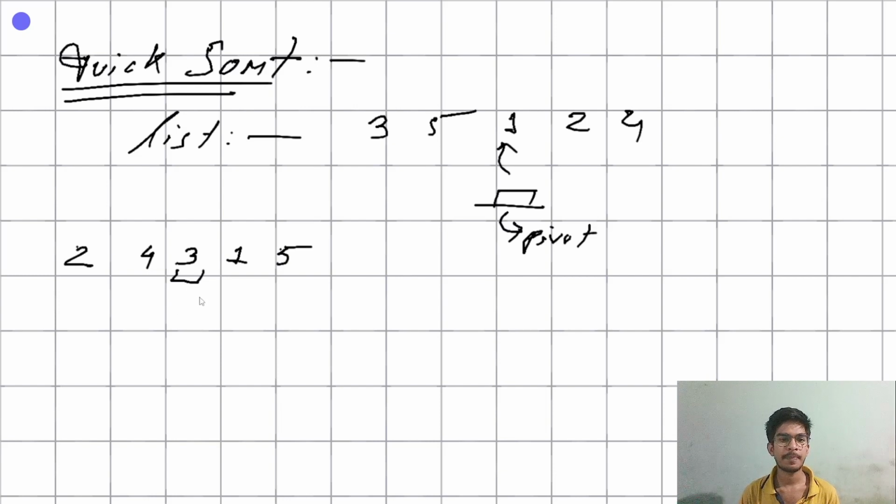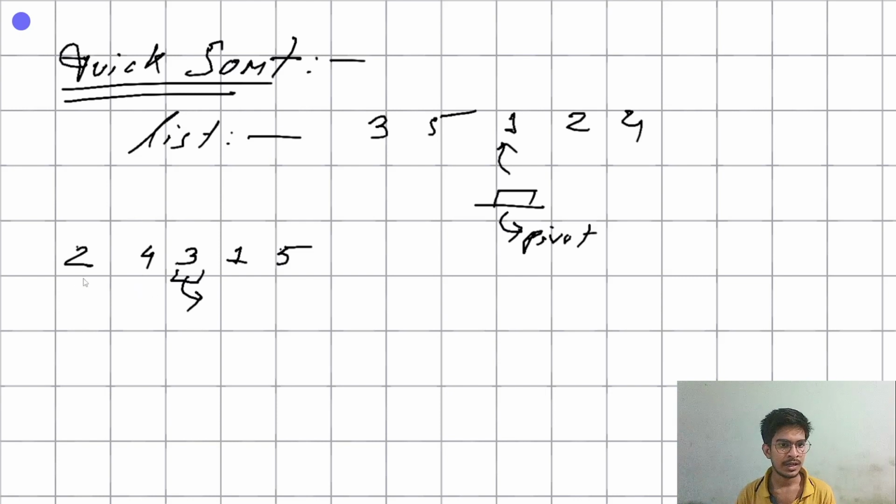So what are we doing in quick sort? What we select as a pivot element, we place it in the correct position by swapping elements on its left hand side and right hand side. That means whatever value is less than the pivot but is on the right hand side will go on the left hand side, and whatever is greater than the pivot, like the 4, which is on the left hand side, will go on the right hand side.